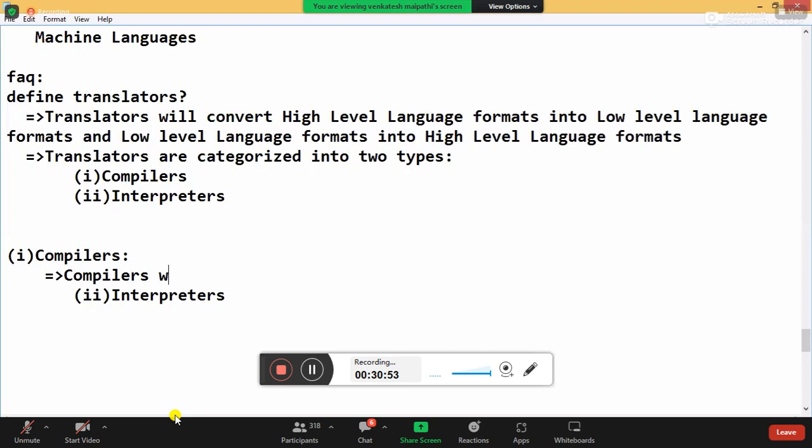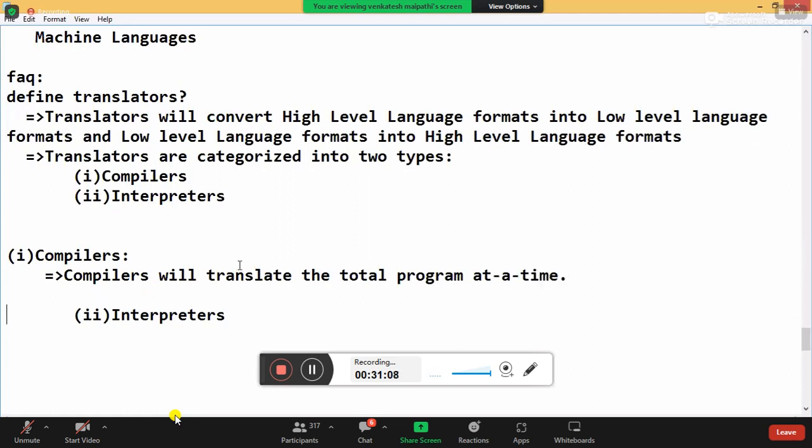Compilers will translate the total program at a time.